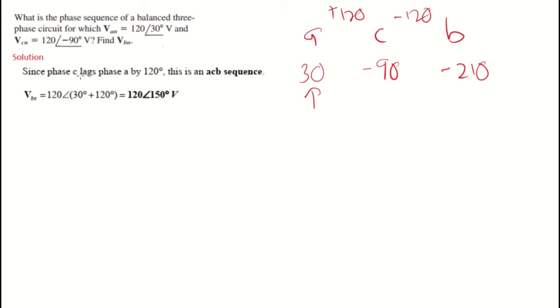So this minus 210 is basically positive 150 degree. So that's why we have the answer VBN is angular 150 degree voltage, and the magnitude should be the same because it is a balanced three-phase circuit.